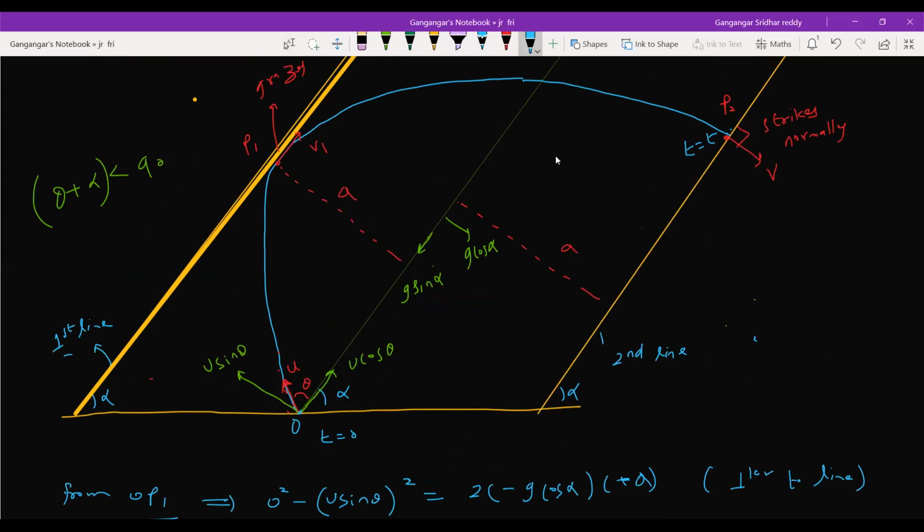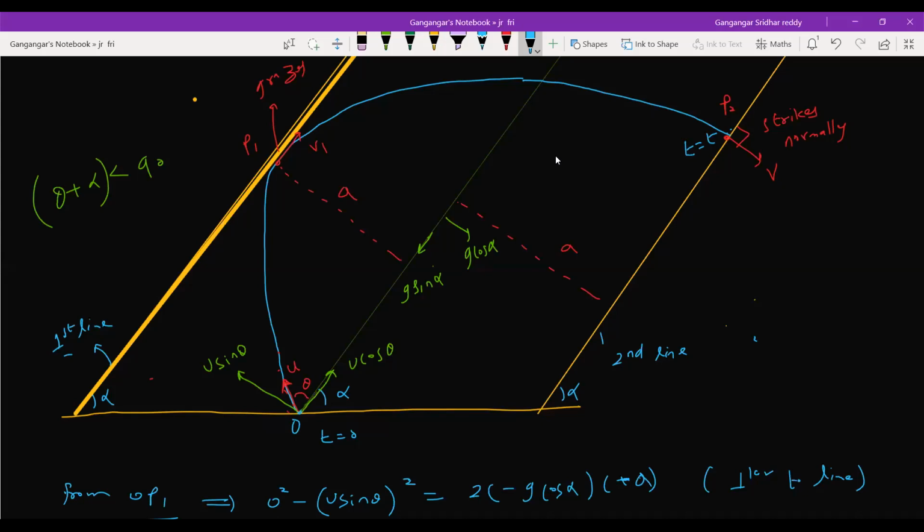Just look at one equation. It grazes, no? Grazes means the velocity will be parallel to the incline, parallel to the line. Then I'm applying perpendicular to the line. So what is the perpendicular component here? It will be 0. So 0 square. I wrote here in the bracket perpendicular to line, just u sin theta.